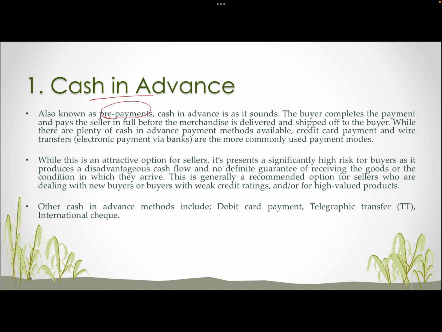So while this is an attractive option for sellers, it is actually high risk for the buyer because it will produce disadvantageous cash flow and no definite guarantee of receiving the goods or the conditions in which they arrive.